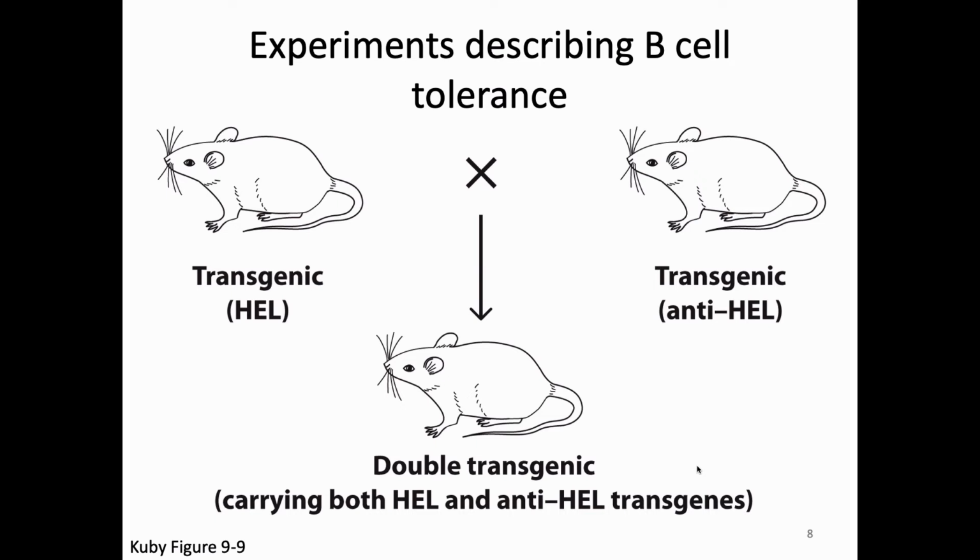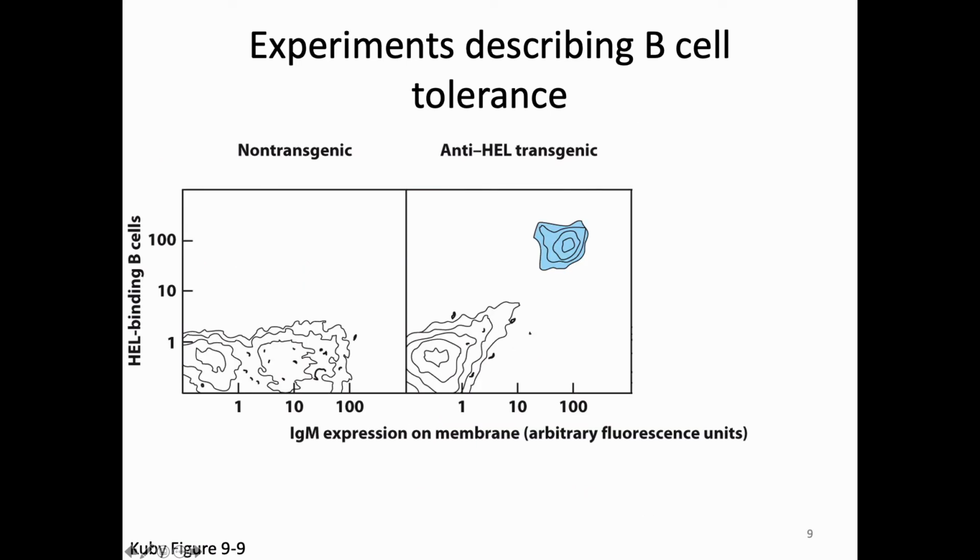So if deletion is what happens, what do we expect to see in this experiment, in this mouse? Okay, so we'd have basically here. All right, so that's what we might expect to see, right?